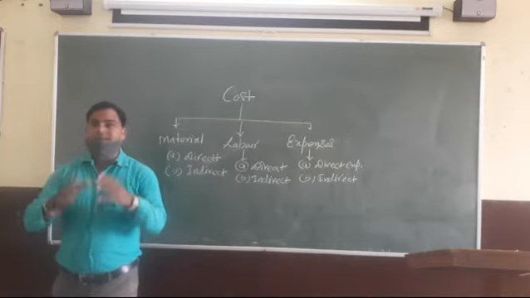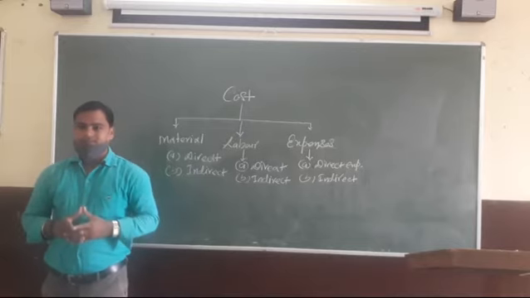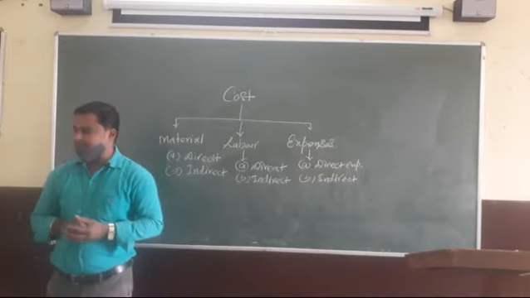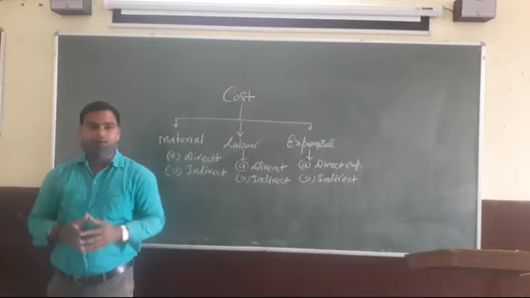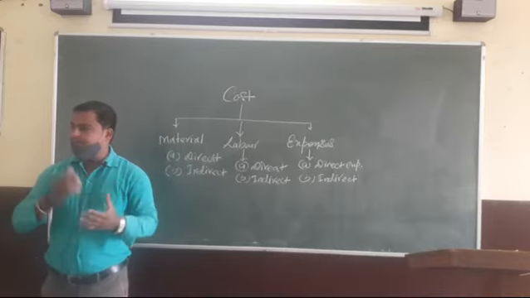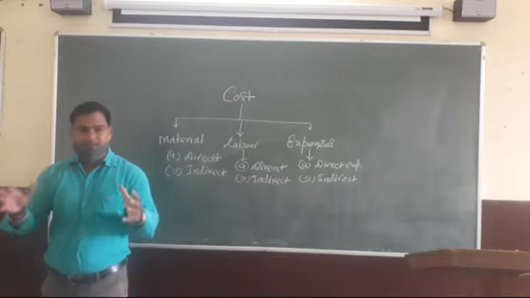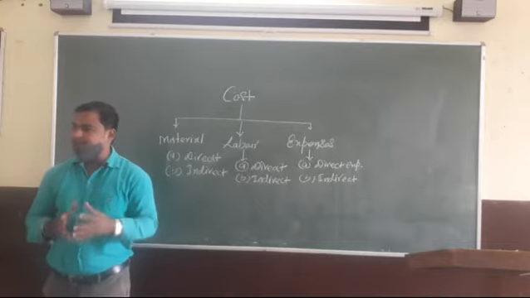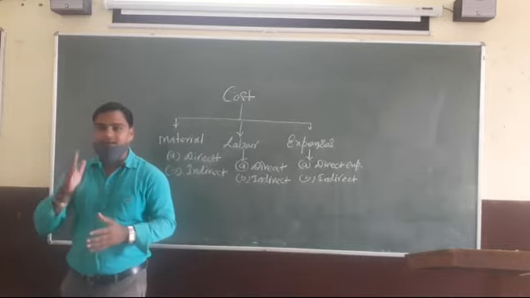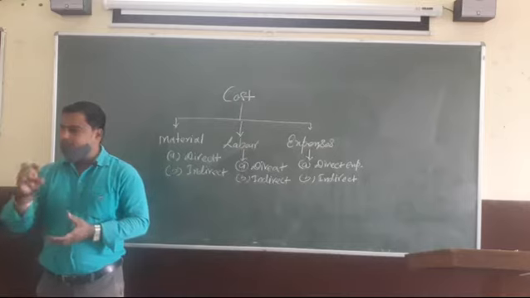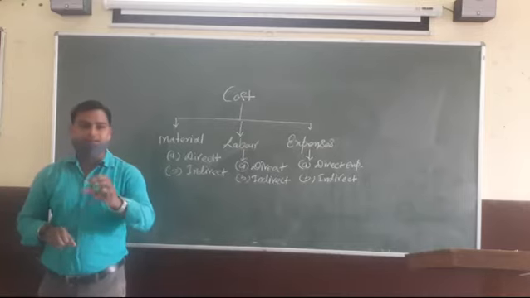Such as for making a building, labors are compulsory, right? They are directly involved to bring the bricks, okay? Making material, mixing sand and cement, right? Cutting iron rods. Such work is performed by the direct labor.